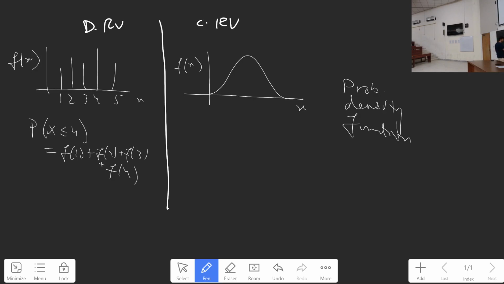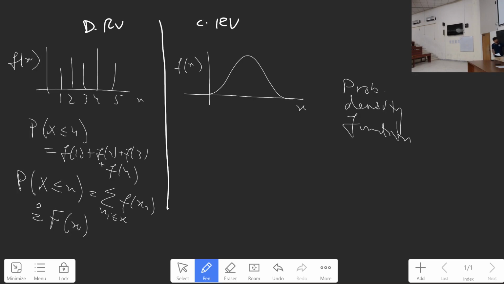So in general it would make sense to say that the probability x is less than or equal to small x is the summation of f(xi), where xi is less than or equal to x. This we already did, yeah? And what was the name we gave to this thing? The cumulative distribution, right? Capital F of x. This is the discrete case we already did in detail.